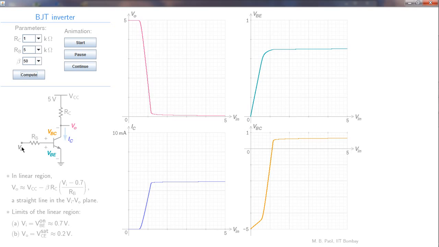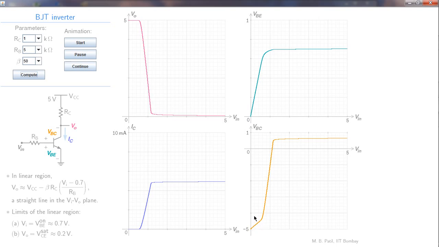VB is equal to VI because this voltage drop is 0, and VC is pulled up to VCC because there is no IC RC drop over here. So VBC is then VI minus VCC. So that is again a straight line with a slope of 1, that part there.